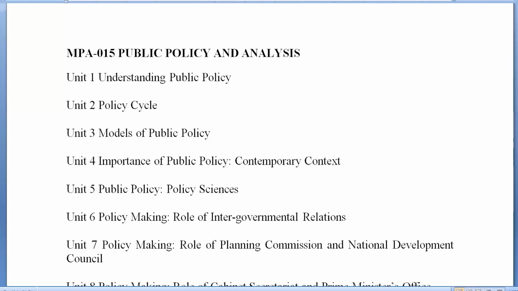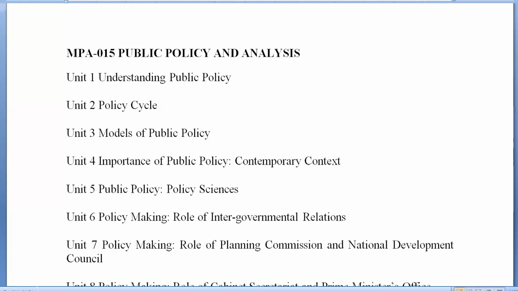Just for your information, I will just go through these units. Unit 1 is understanding public policy. Unit 2, policy cycle. Unit 3, models of public policy.